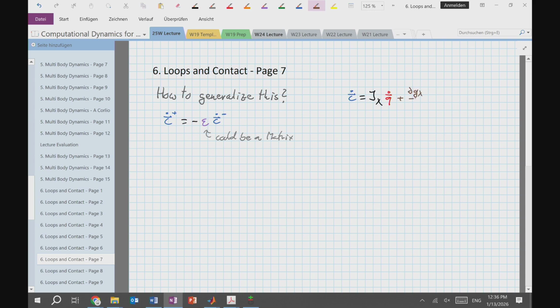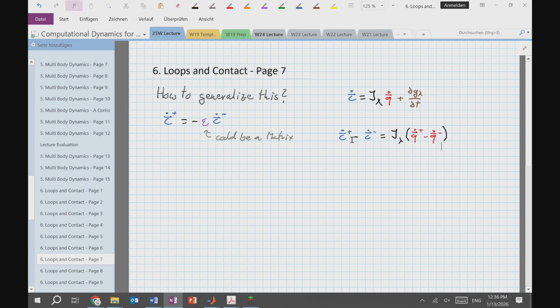There would be also a G lambda partial t. But if I look at the difference, c dot plus minus c dot minus, that is always going to be J lambda times q dot plus minus q dot minus.